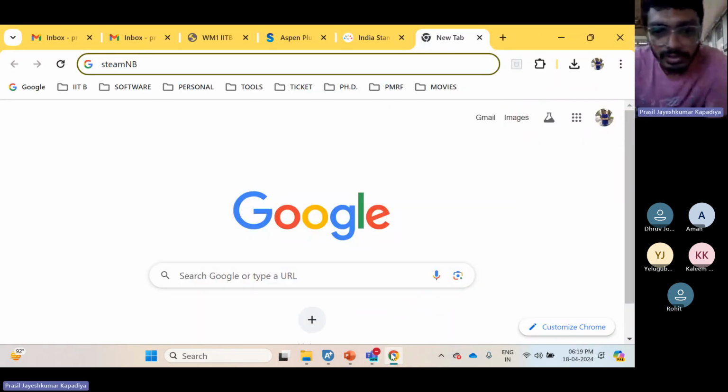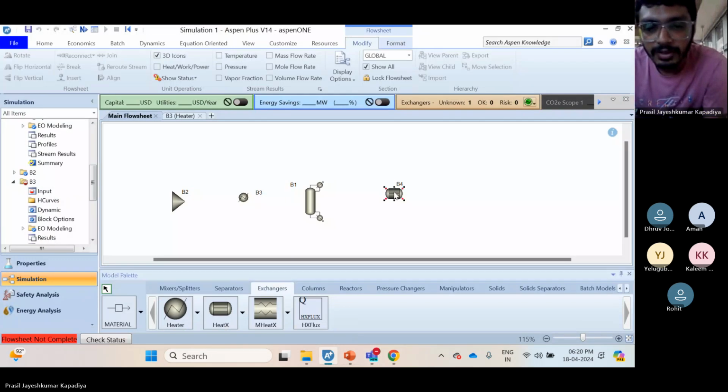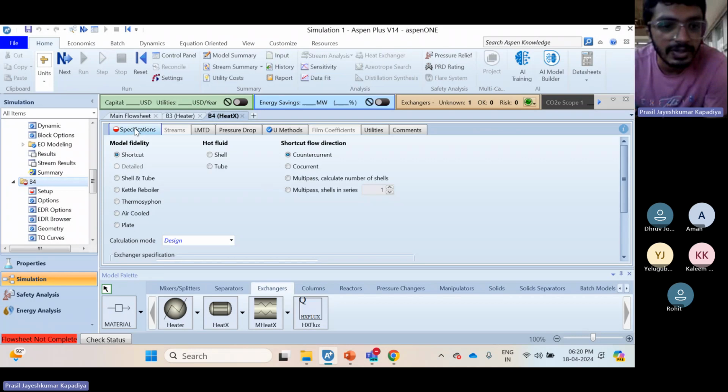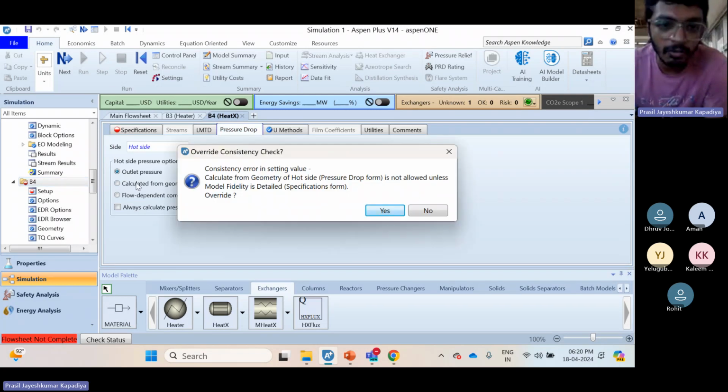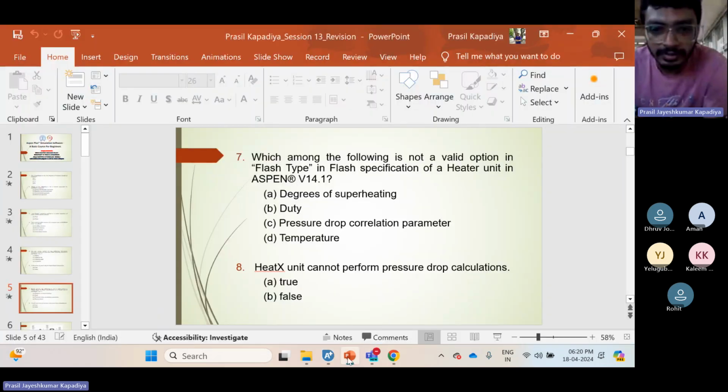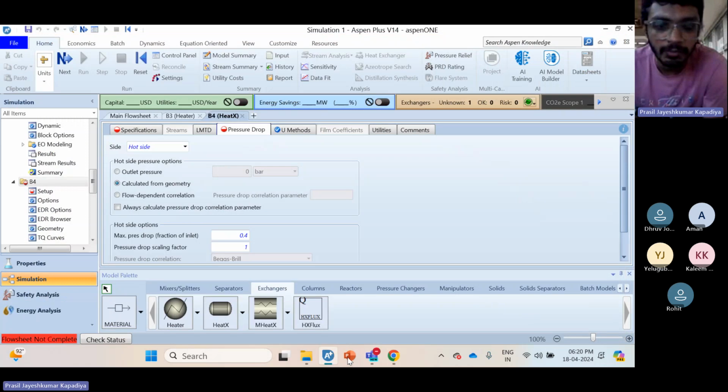Okay, so this is the HeatX unit. In the HeatX unit, these are the specifications we need to give. There is an option of pressure drop, so it can calculate pressure drop from geometry. I don't know why it cannot perform. It can perform.